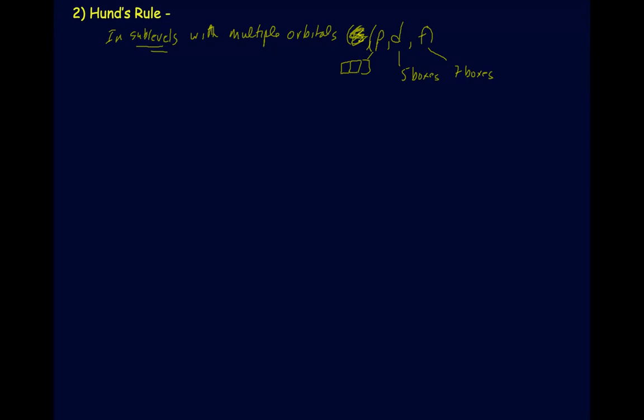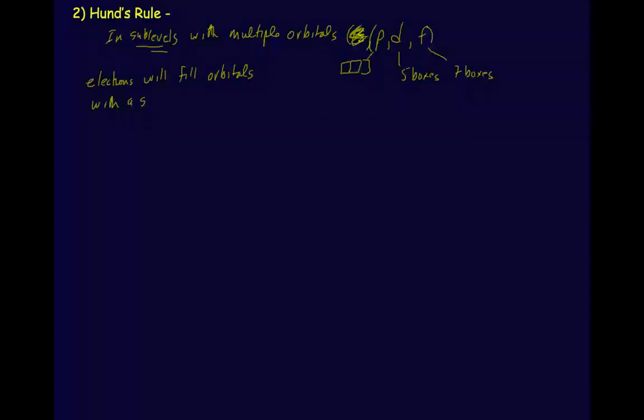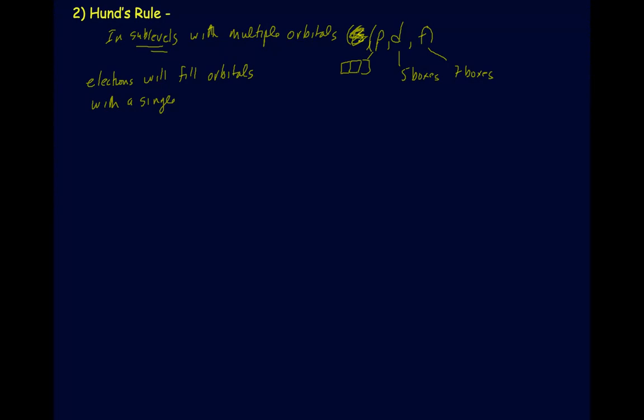Electrons will fill orbitals with a single electron before doubling up.